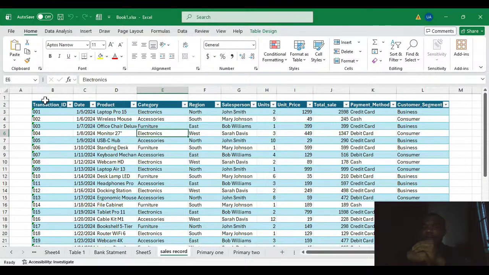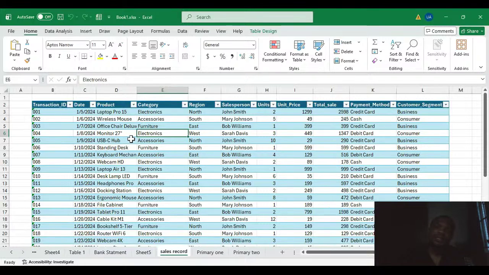For this particular class, we are going to be using pivot table to do basic analysis. Our analysis is going to be on this sales record. I got this sales record online and decided that we use it for our analysis.